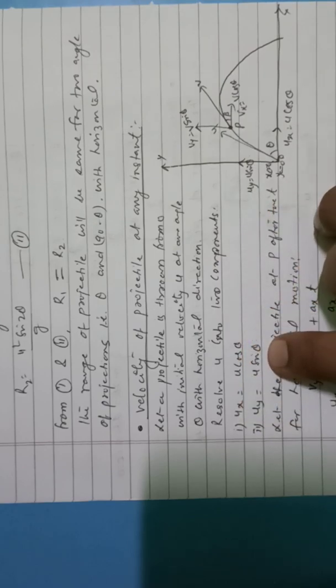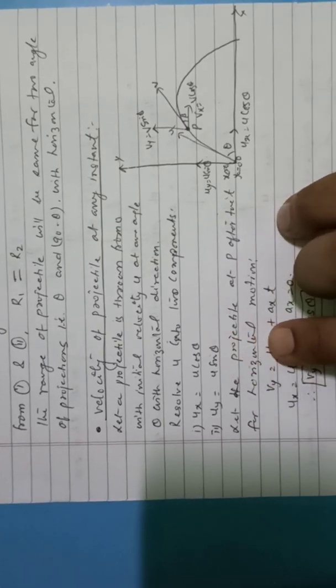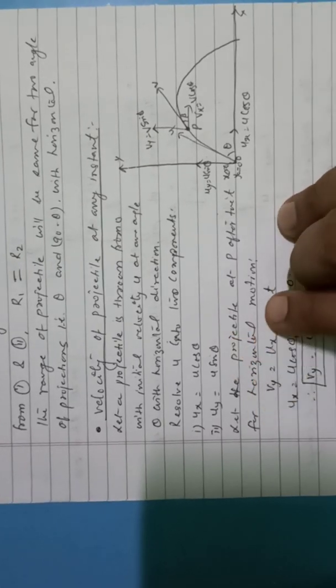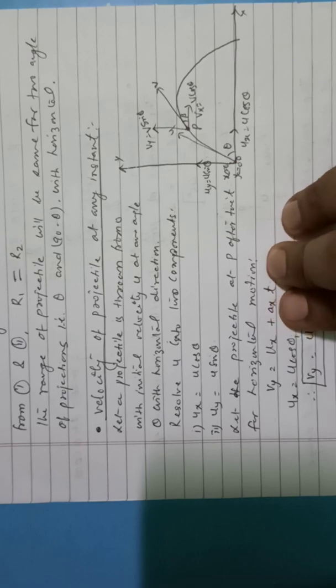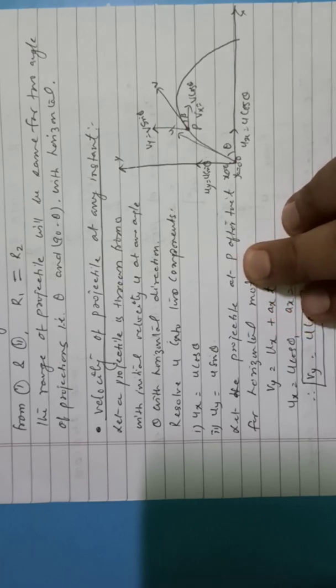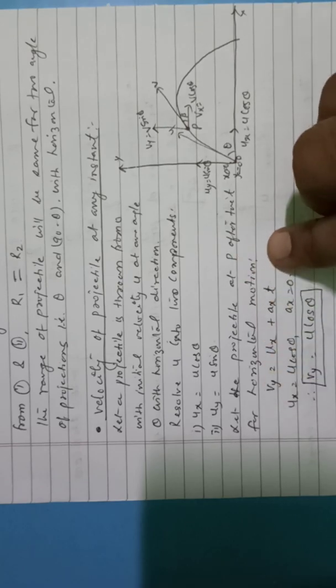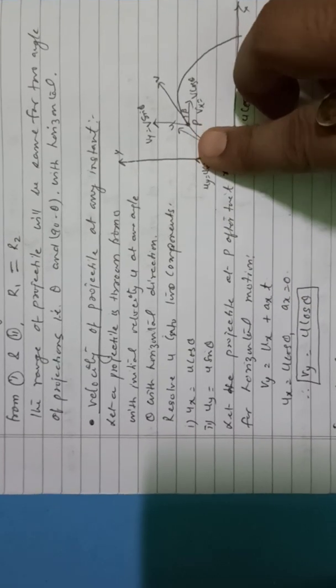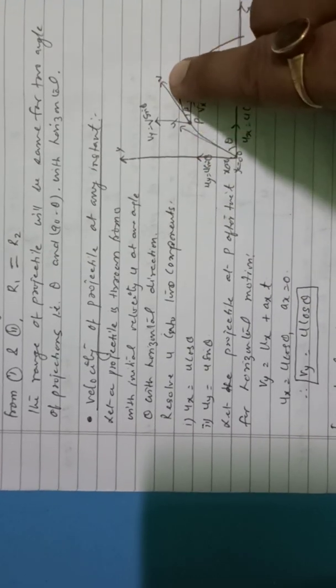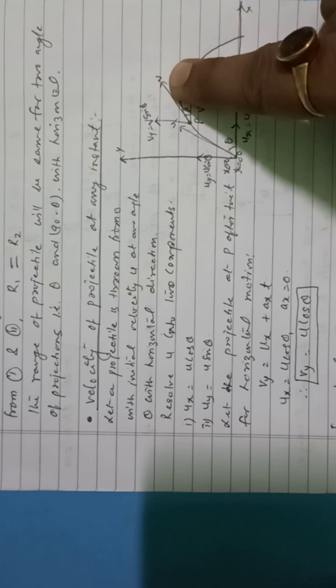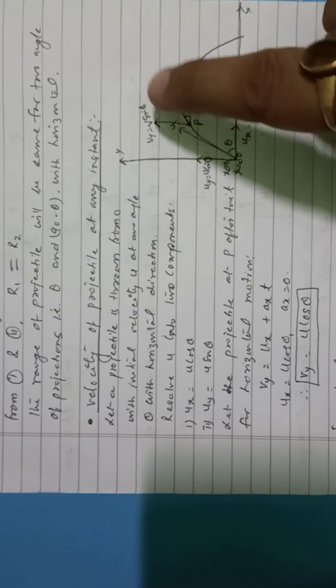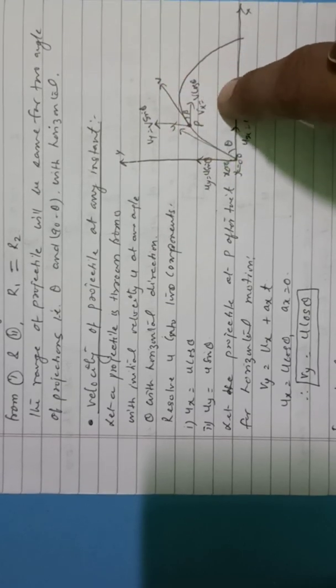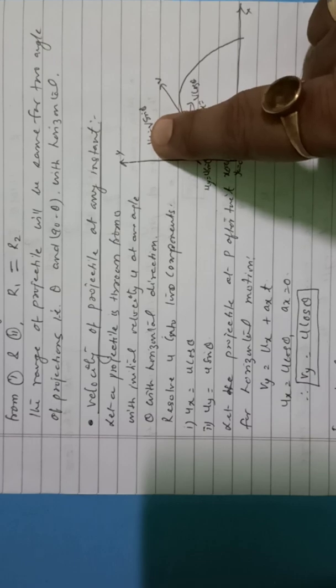Along the y-axis, uy is equal to u sin theta. Now the projectile at any time t reaches point P. The velocity of the projectile at point P is v. So resolve v again into two components, vx and vy.